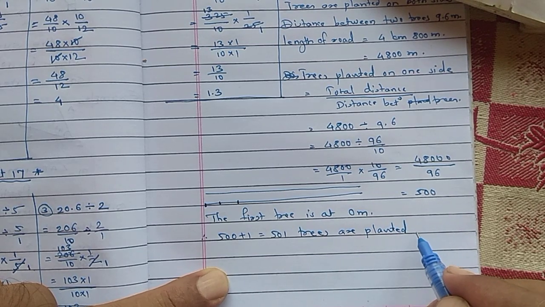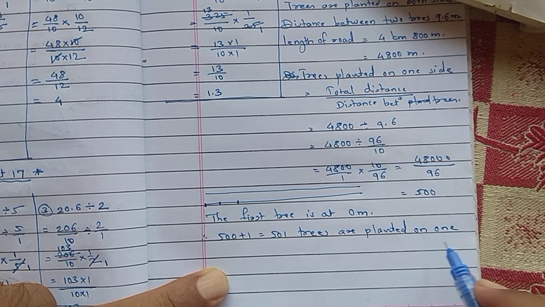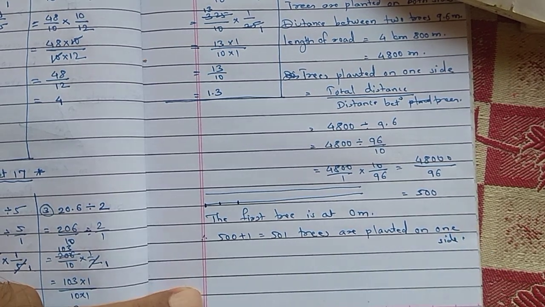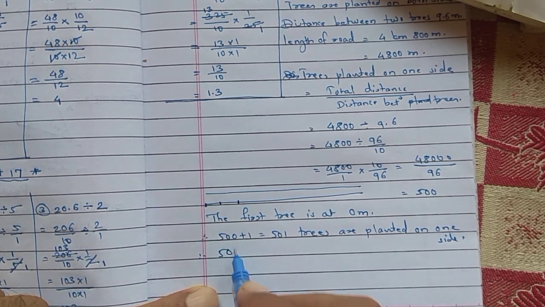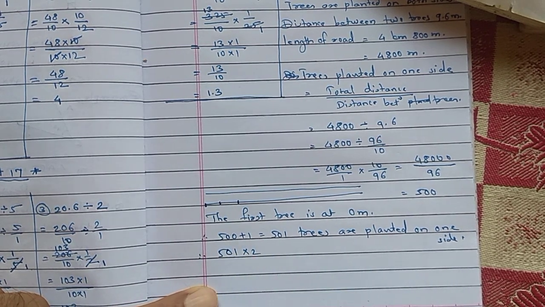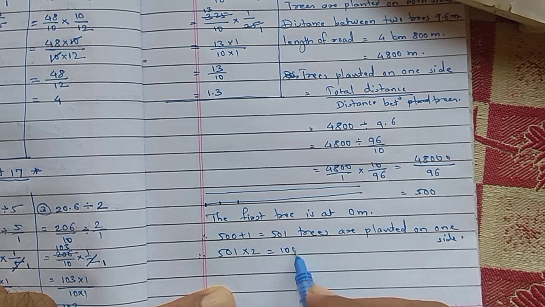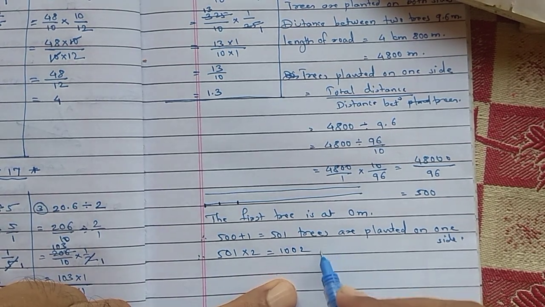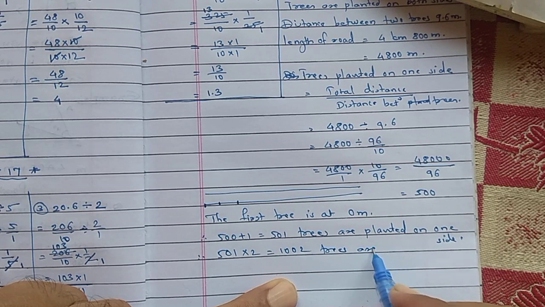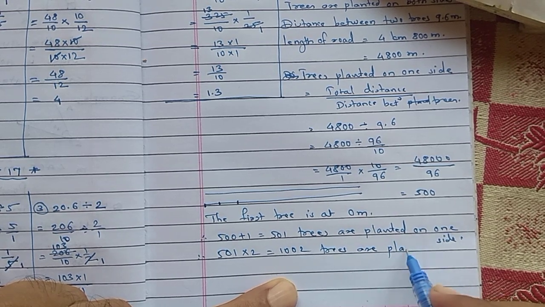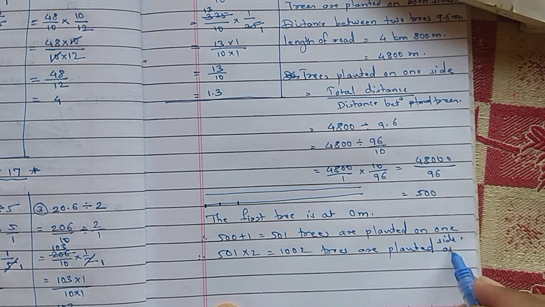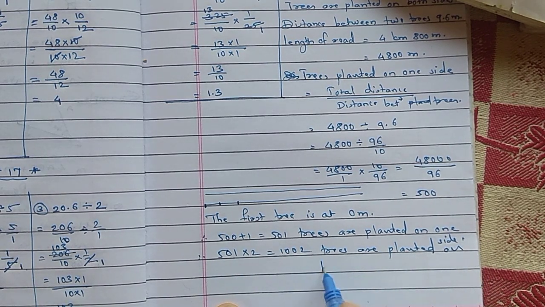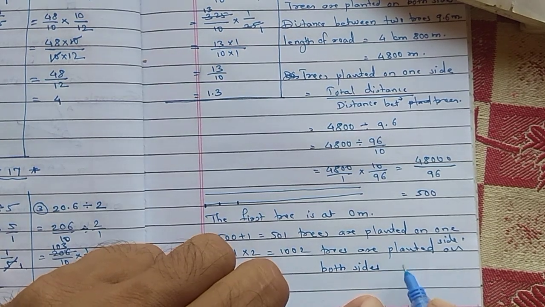on one side of the road. Therefore 501 multiplied by 2 for the second side is equal to 1002 trees planted on both sides of the road.